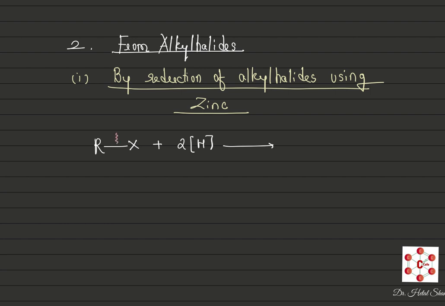So ideally, this can give you RH plus HX, and RH that you get is ideally an alkane. X can be chlorine, bromine or iodine. With fluorine, the bond is strong and does not break easily.